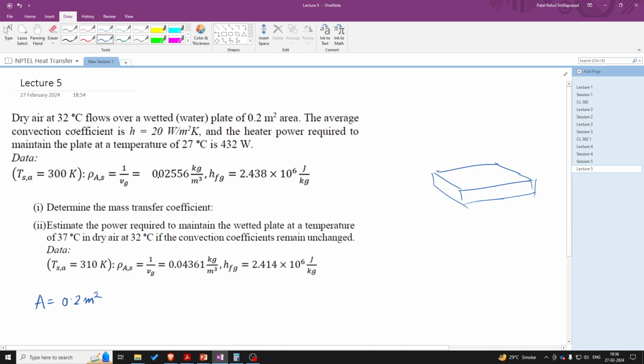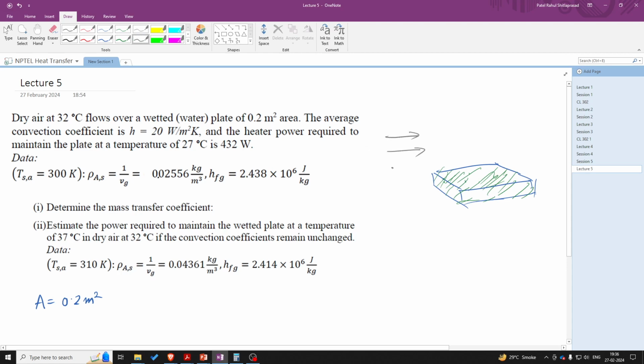The dry air flows at 32 degrees Celsius. Again, it has been given that the plate is wetted. So let's just consider that this is wetted. These are all the water molecules shown by the green line. Then we have been given that air is flowing at a temperature of 32 degrees Celsius.